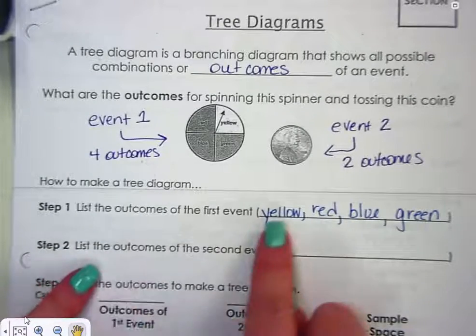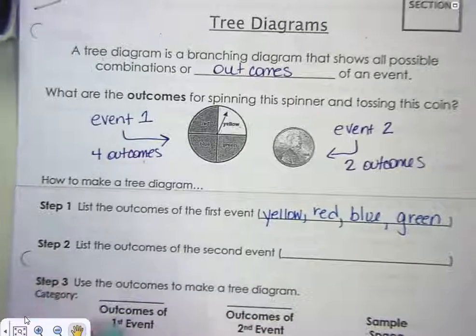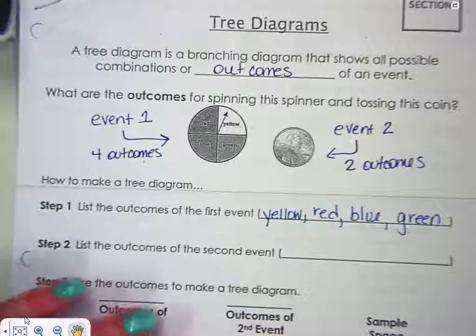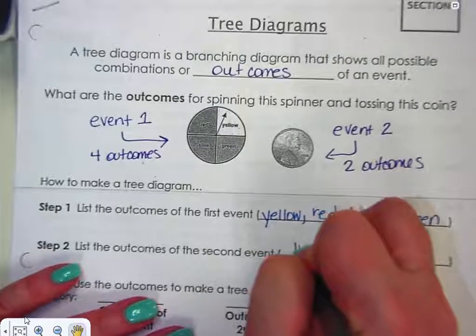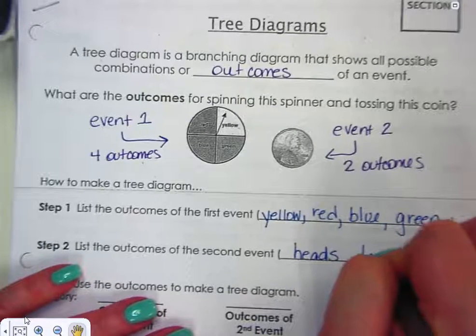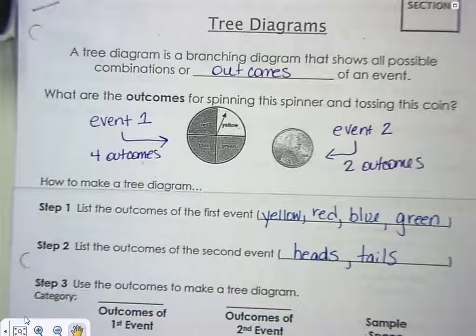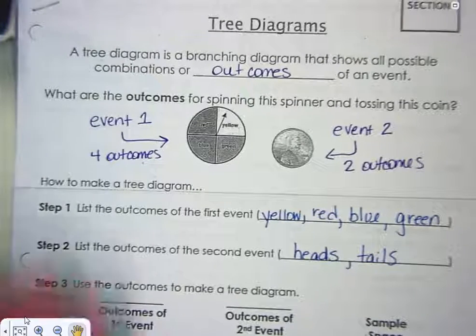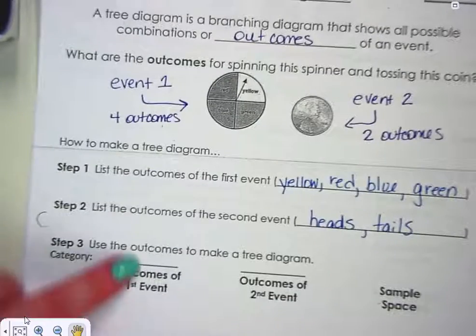And then under each outcome, we're going to list the outcomes of the second event. What is the second event? What are the 2 possible outcomes? Heads or tails. All right. So, the outcomes of the first event.